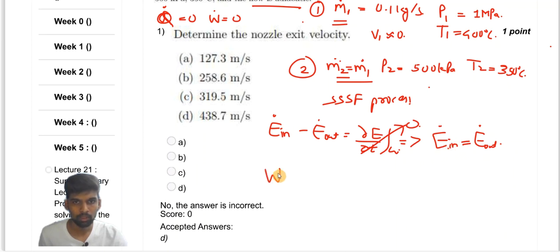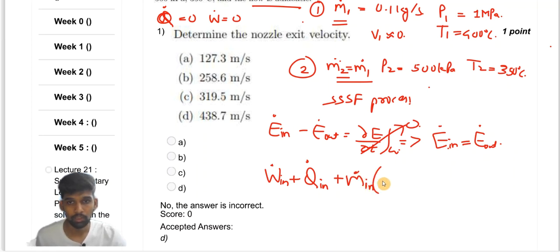Some work will be coming in, and some heat transfer must be taking place, and also the energy which is carried by flow, which is nothing but m dot in, which is here m dot 1, or m dot in for generalization, times h1 plus v1 square by 2000 plus gz by 1000.